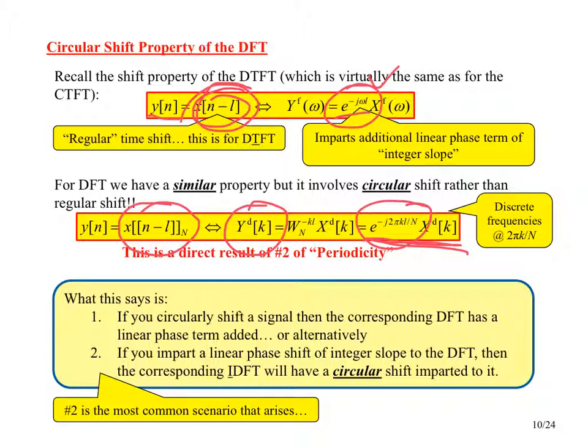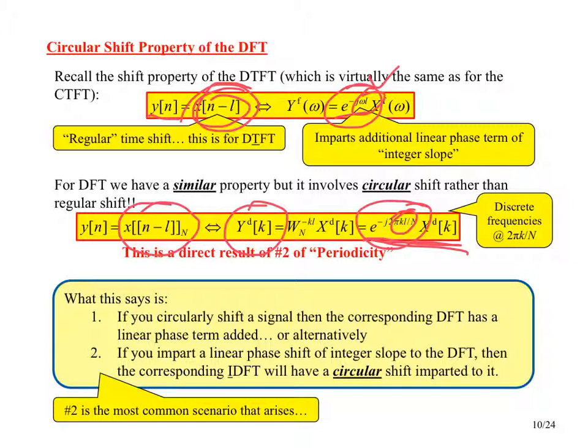Down here, our frequencies are controlled by k, with spacing of 2 pi over n, and so you can see that we have the 2 pi k over n playing the role of omega, multiplying the L, just like up here.